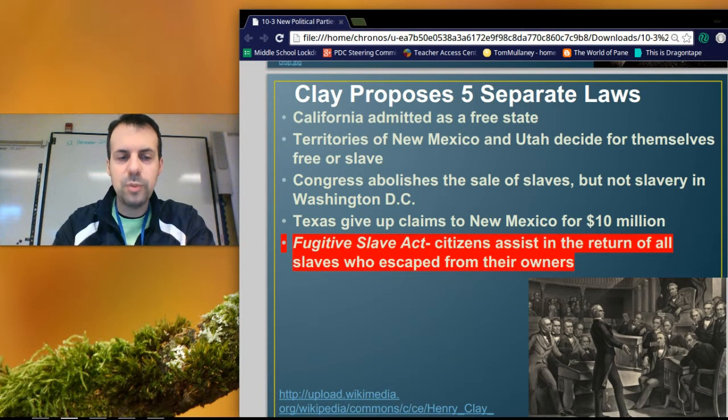And then the big part, notice I put it in red, the Fugitive Slave Act, passed into law. It says that citizens are required to assist in the return of all slaves who have escaped. What that means is that every United States citizen, north or south, if they hear anything, oh, Farmer Brown, I heard there's a runaway slave at his place, you are then obligated to do something about it, to then report that to the authorities.